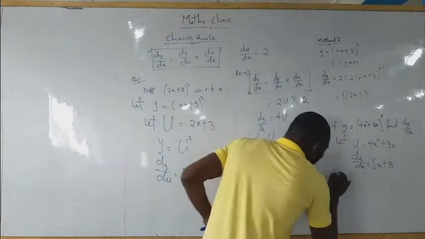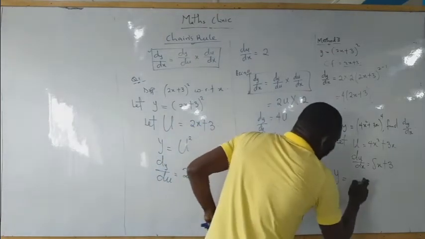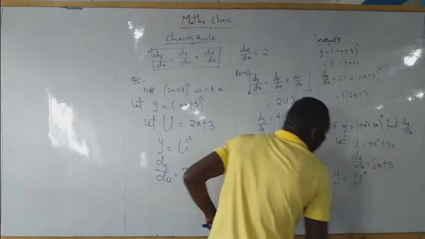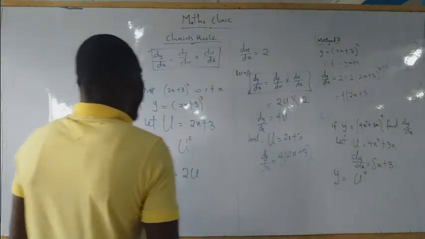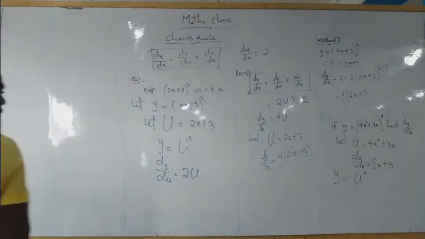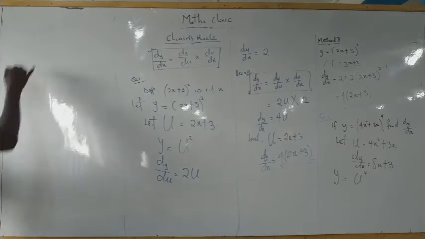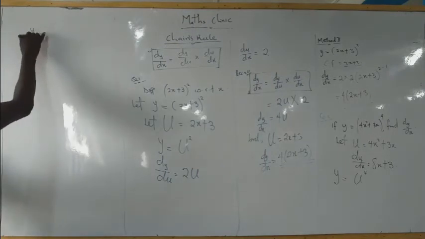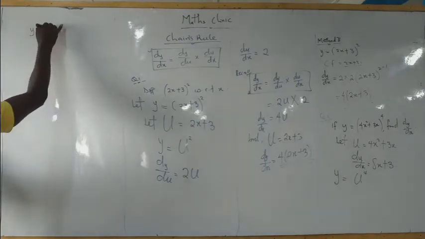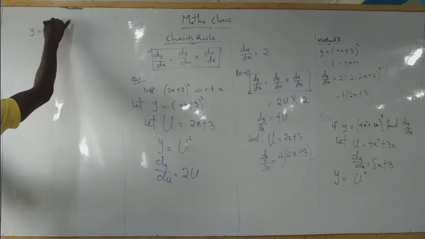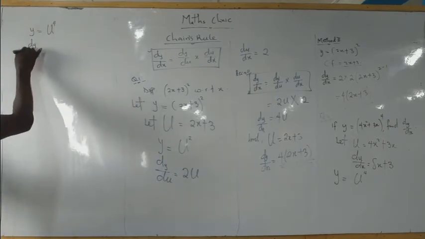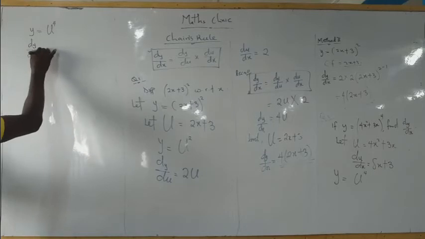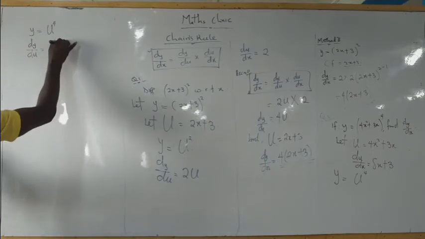Okay, so we can have y equals u to the power of 4. So from there we can have dy upon du equals 4u raised to power 3.